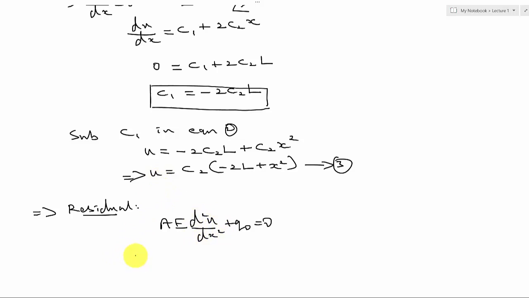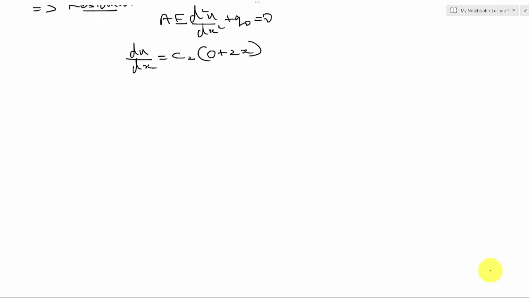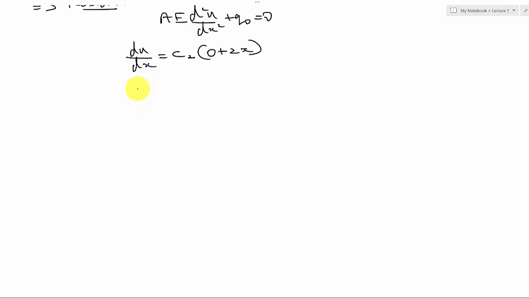So first I am going to calculate du by dx, that is equal to c2 times 0 plus 2x. Further if I differentiate this, then I will get d square u by dx square, that is equal to 2c2.